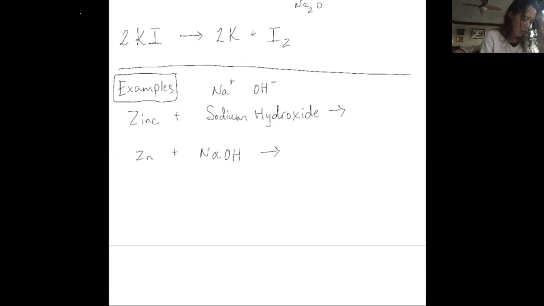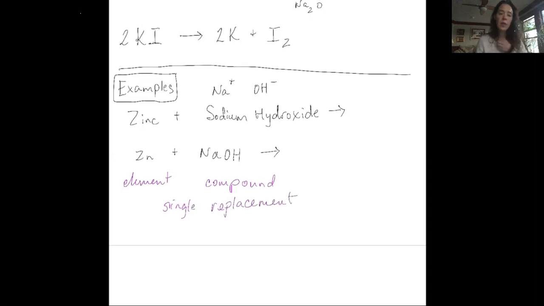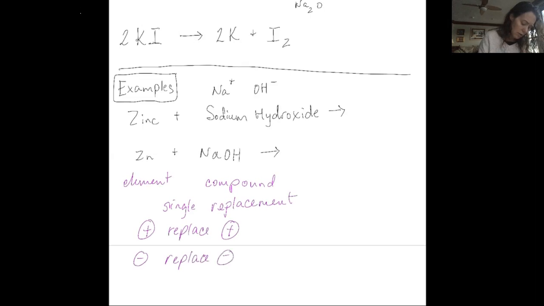Now, pay attention here. We have an element and a compound. Okay? So we know that we've got a single replacement. So I need to think about who will be replaced. You need to realize that cations replace cations and anions replace anions.